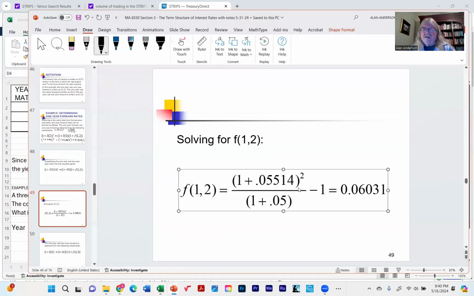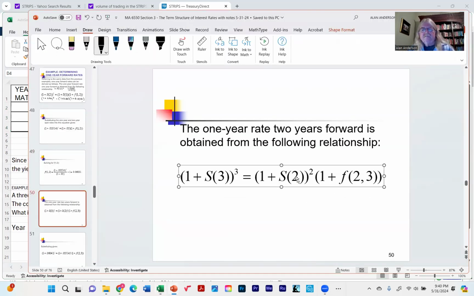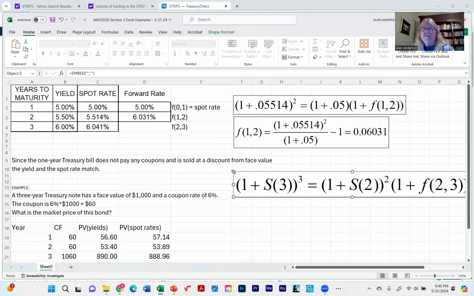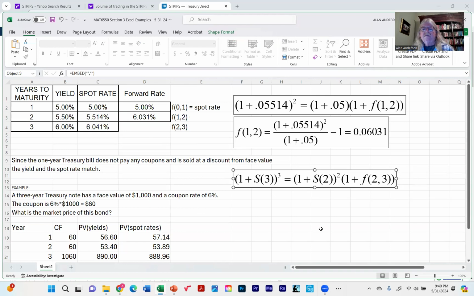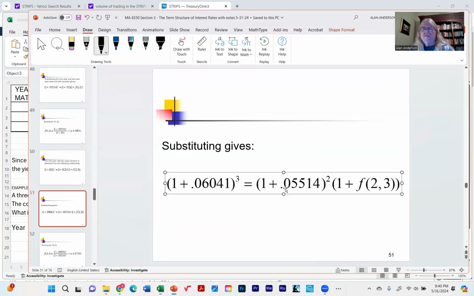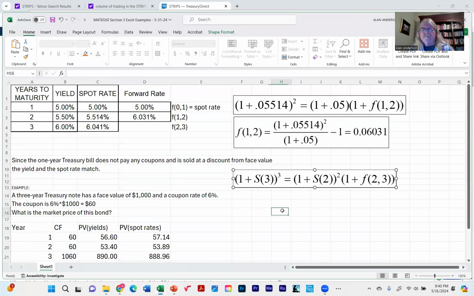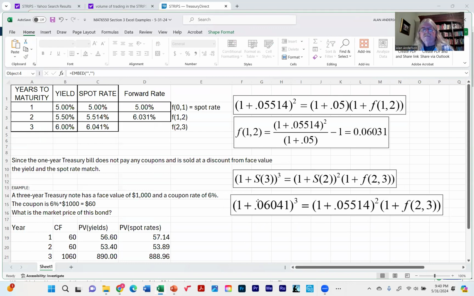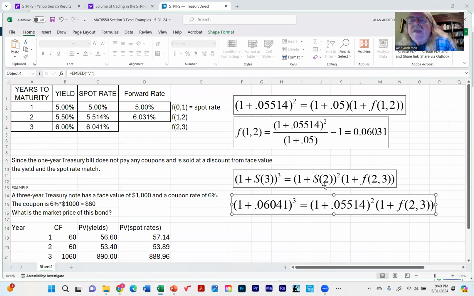So let's go get the formula for that. So what's happening here is that this would be equivalent of saying, well, if I keep my money in a 2-year CD and then roll it over for 1 year, I need to know what rate would be necessary to match up with getting a 3-year CD.